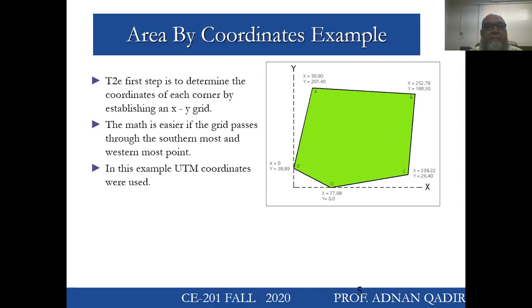And if you use the UTM coordinates, you will know what the Universal Transverse Mercator is. This will be explained to you in your second course. If I open a mobile phone and I want to share my location with my friend, I will send him or her my location.